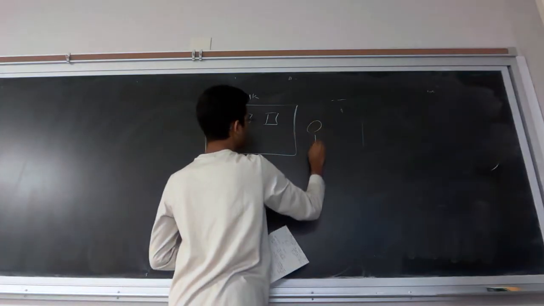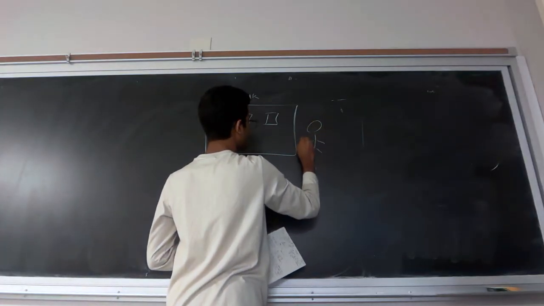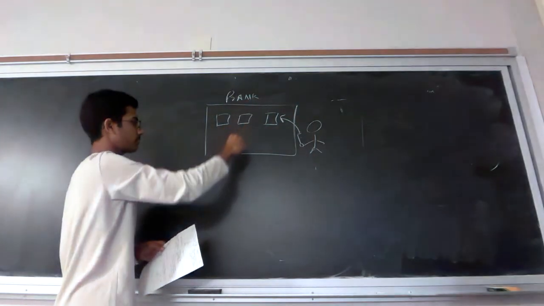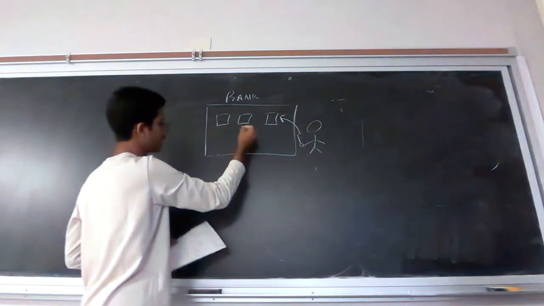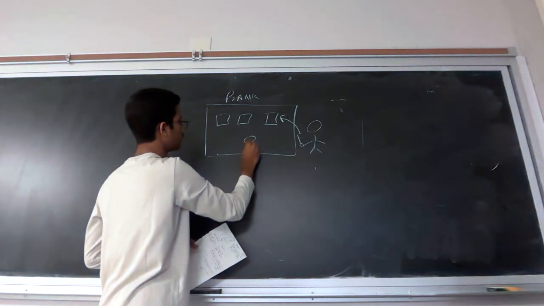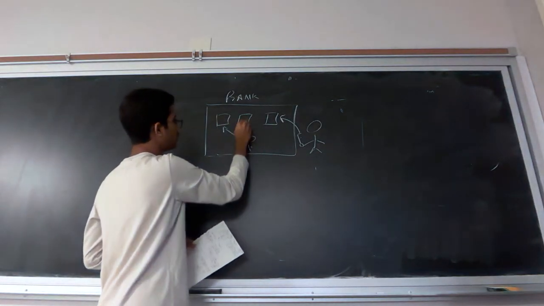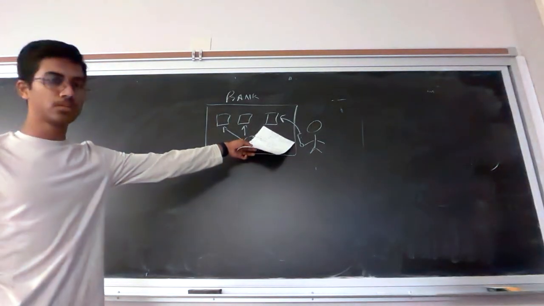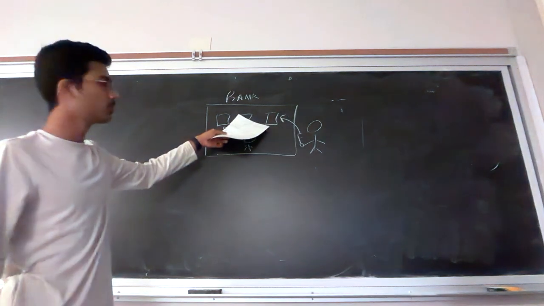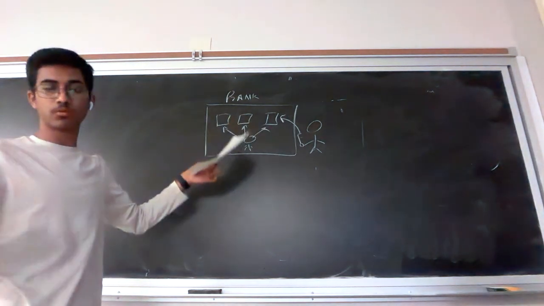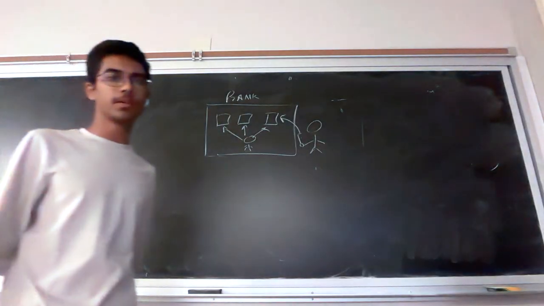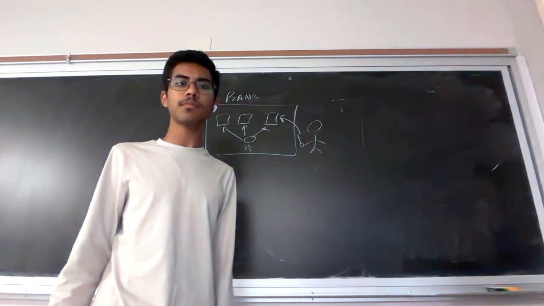Now, I have a key which opens my locker, and then there's this bank manager who can open any locker he wants. My key is valid only for my locker. If I try to open this locker or this locker, it won't function. Whereas the bank manager could walk in and open any of the three lockers.